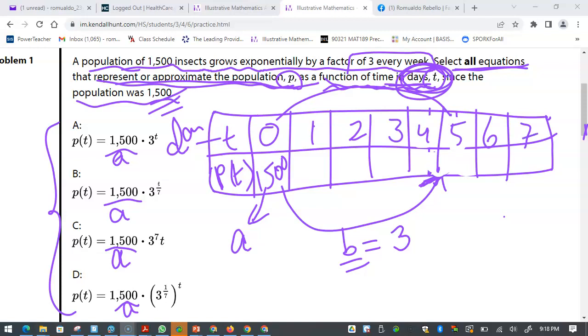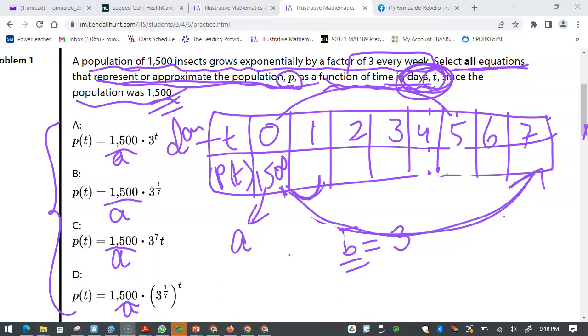What they gave us, B is 3, is for every week. From here to here is every week, but we want every day. The B is given to you, but we want every day.